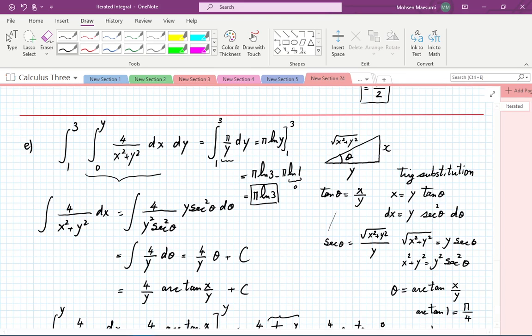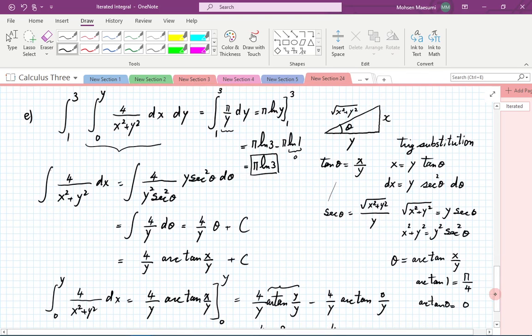This type of problem on WebAssign, more than likely it asks for an exact answer, or it just doesn't mention anything. In that case, you just enter that. If it asks you for so many decimal places, then you use your calculator to give an approximate answer.